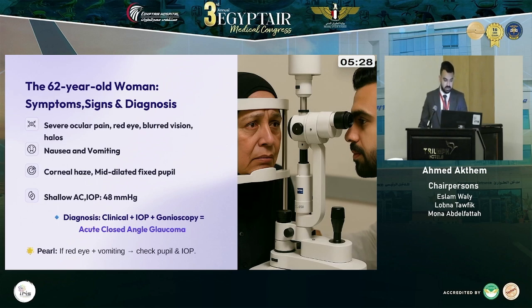On examination, on a slit lamp, we found that she has corneal edema, mid-dilated fixed pupil, shallow AC, and the IOP was 48. So diagnosis is built on the triad of clinical findings, IOP measurements, and gonioscopy if available, and this gives us a diagnosis of acute closed-angle glaucoma. And please note that if you have a red eye and the patient is vomiting, please immediately check pupil and IOP.